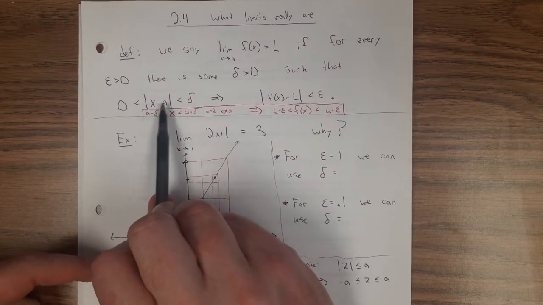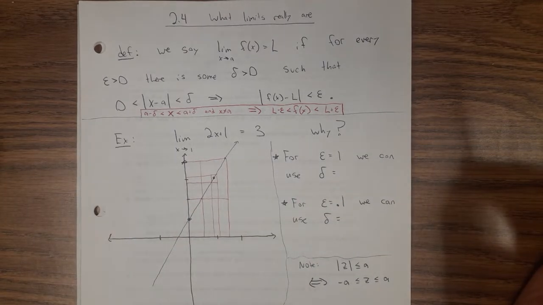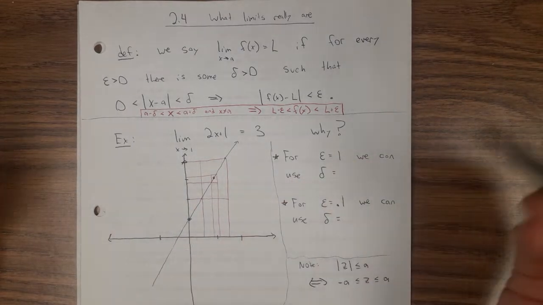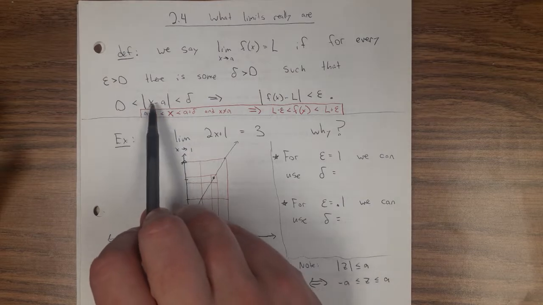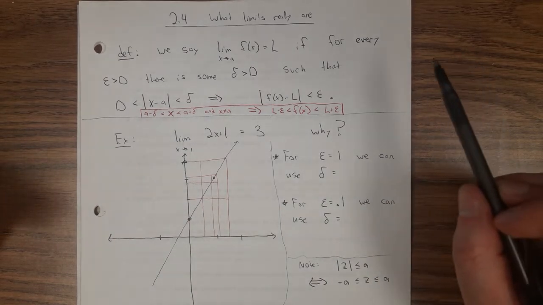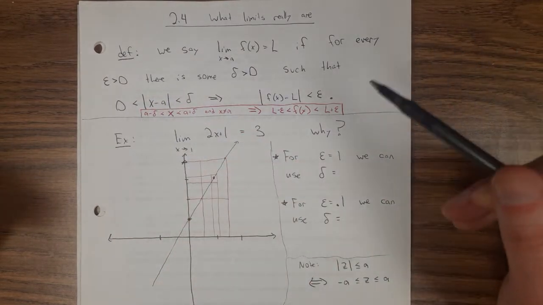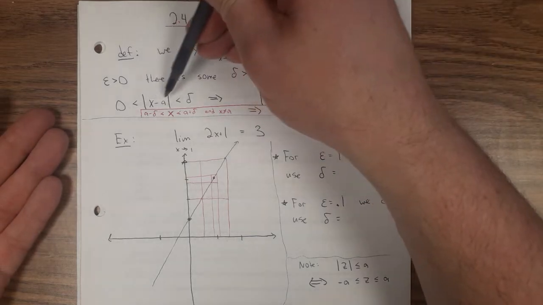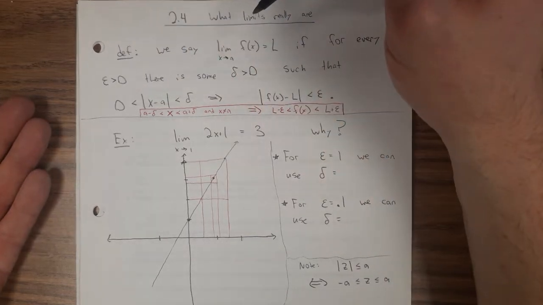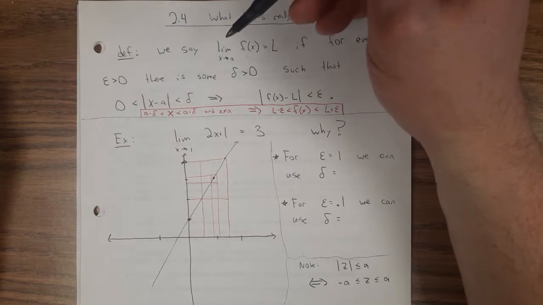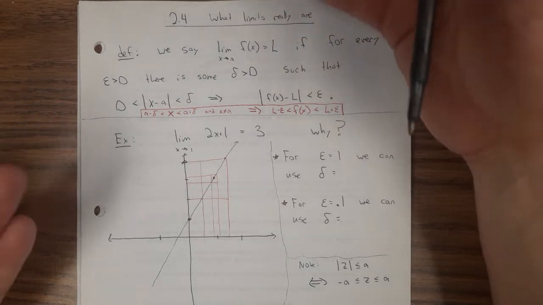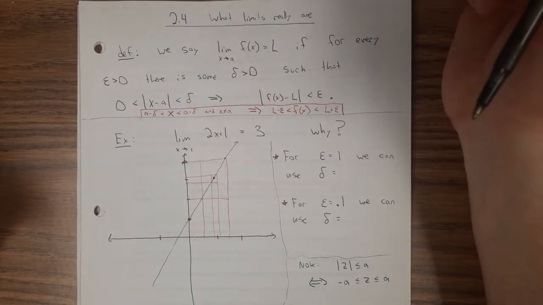If I want to tell you how far apart two numbers are, in terms of the distance between two numbers, I subtract them and take the absolute value because this is a way where it doesn't matter which number is bigger. If I want to tell you the distance between two numbers, what I would do is take the bigger one minus the smaller one.